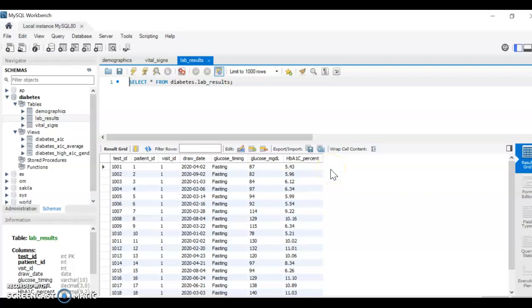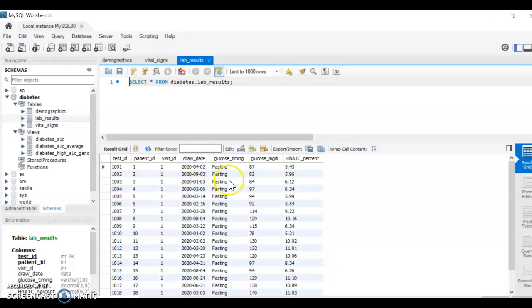In our lab results table, we can have the ID for the test that was performed on their blood. The test ID will also be unique for each patient. Their visit ID, so if a patient comes in more than once, they will have multiple visit IDs for one patient ID.